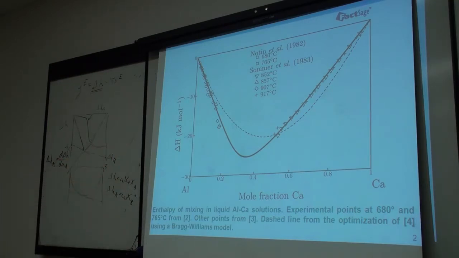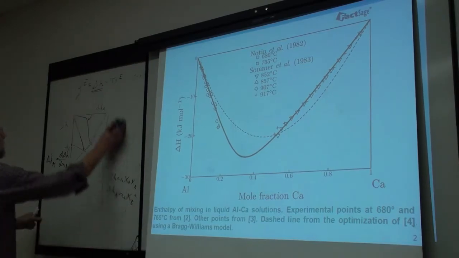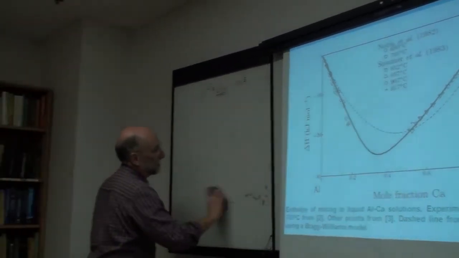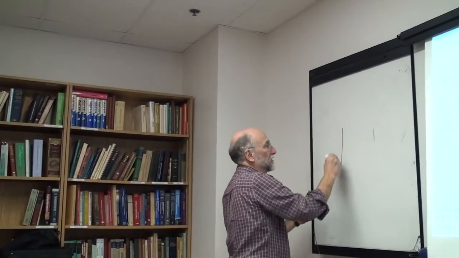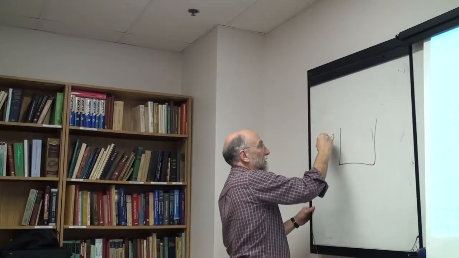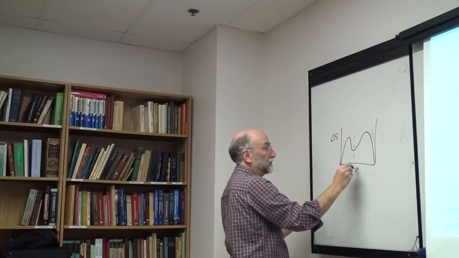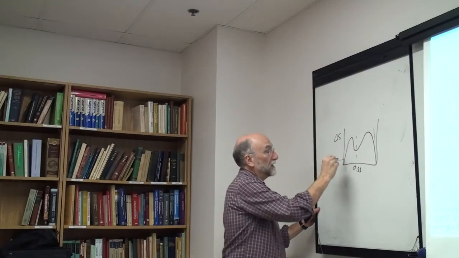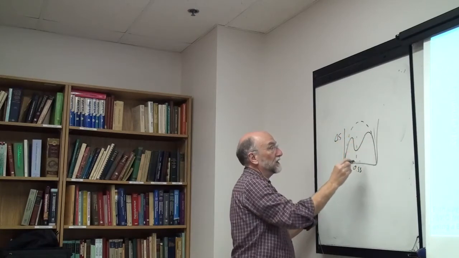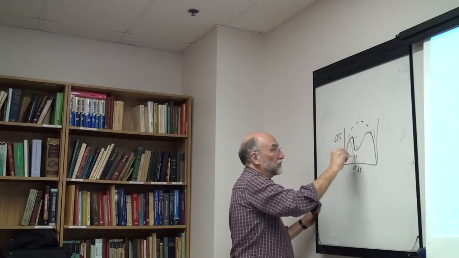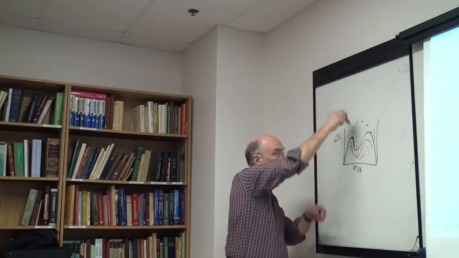So what you're getting then is your entropy curve. In this system here, the entropy of mixing, you expect it to look something like that. Well, this would be 33%. If it's ideal, mixing goes like that. This would be ordered. This would be even more ordered. The more ordered it is, the lower it goes.